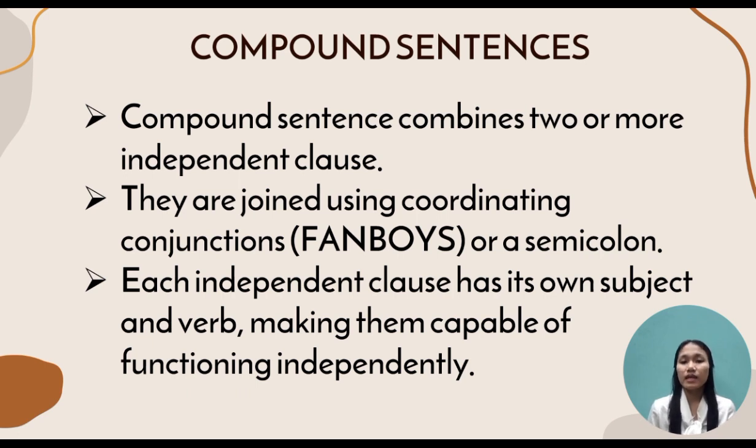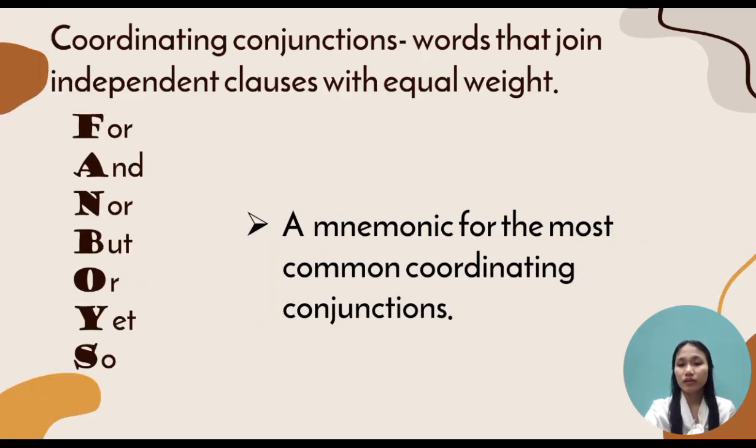So when we say compound sentences, this combines two or more independent clauses which are joined using coordinating conjunctions or a semicolon. Each independent clause has its own subject and verb, making them capable of functioning independently. Coordinating conjunctions are words that join independent clauses with equal weight.